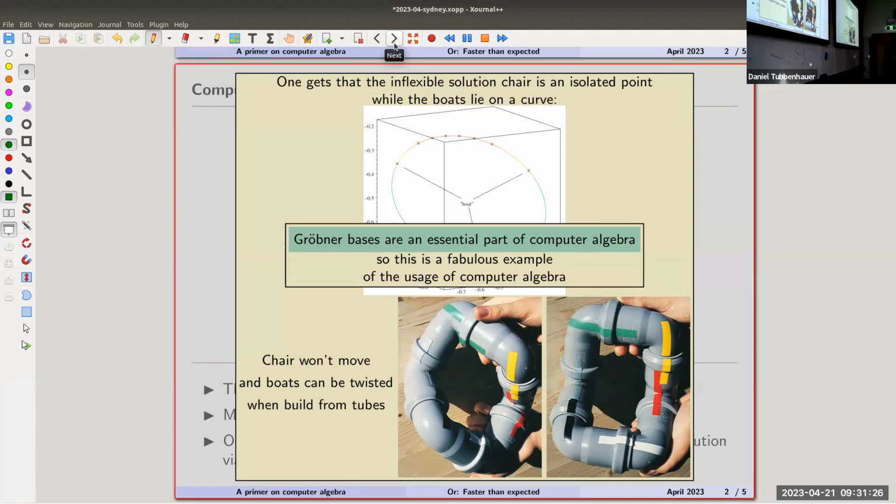So if you have a Gröbner basis problem, you can expect to solve it when it's reasonably small, but you can very easily blow up any computer algebra system with a pretty easy problem. I will say something about that in a second. So for small problems, Gröbner bases are extremely good, but calculating them is extremely difficult.